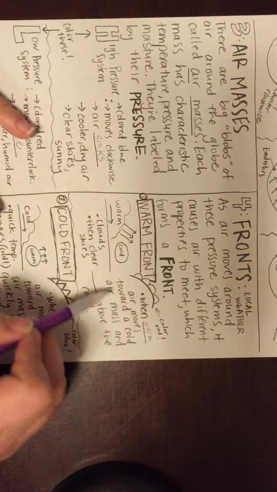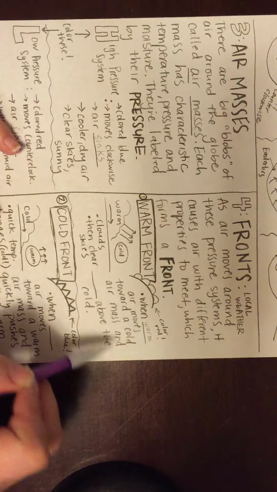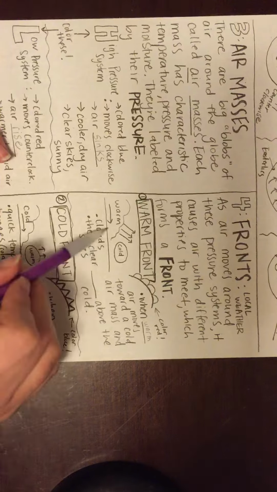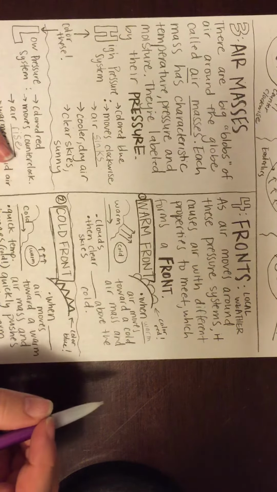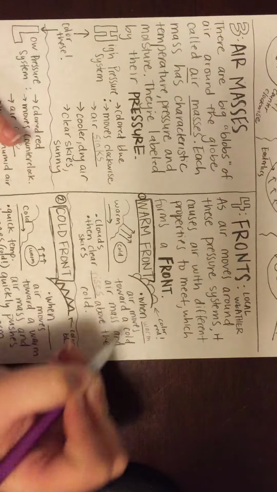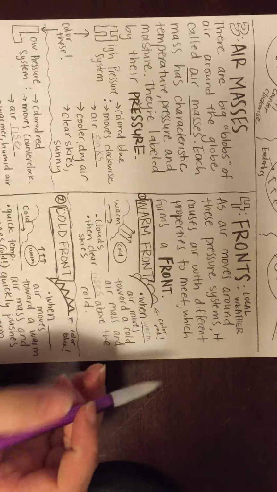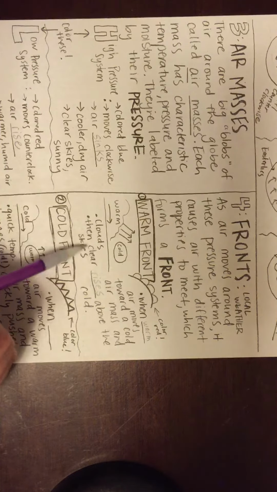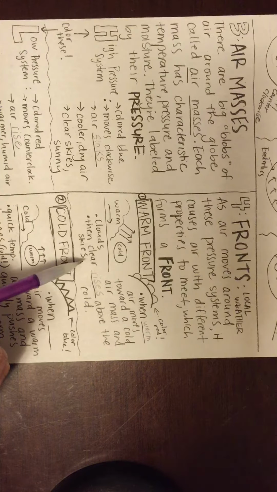When warm air moves towards a cold air mass and the blank above the cold. What does it do when it gets to the cold? It rises above the cold air. And when this happens, it causes clouds and then clear skies.